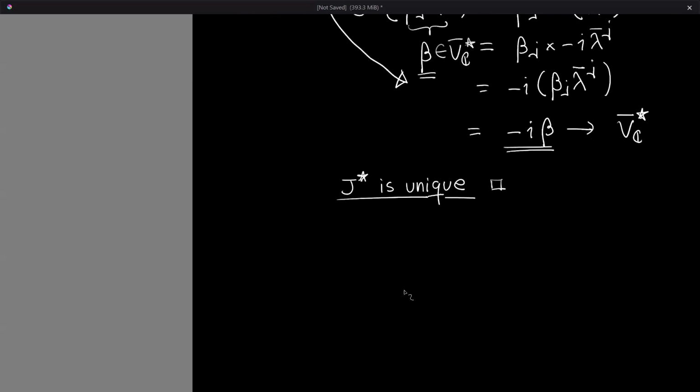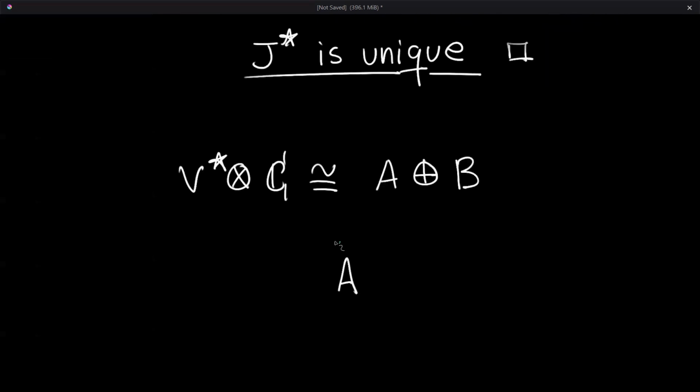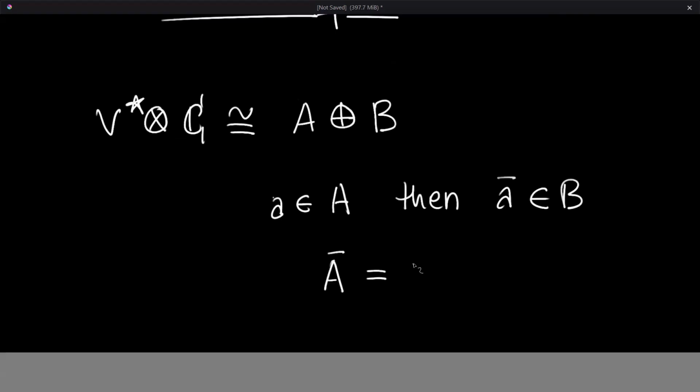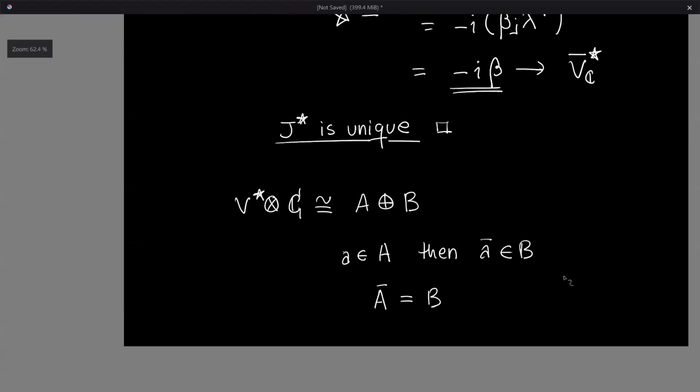And so we've proven that J star is unique. These are the prerequisites: V star cross C has to be decomposable into A plus B, where if A is an element of A, then A bar is an element of B. That's what I mean when I say A bar is equal to B. That's true for all of them: you get an element in B for every element in A and vice versa.